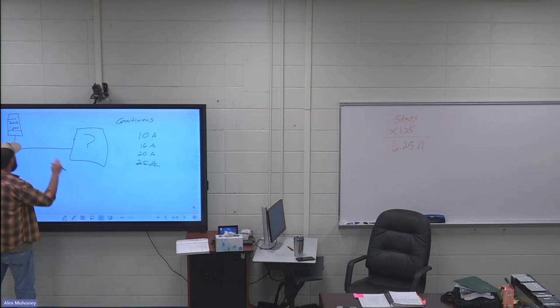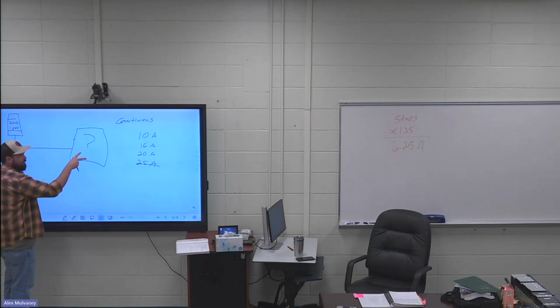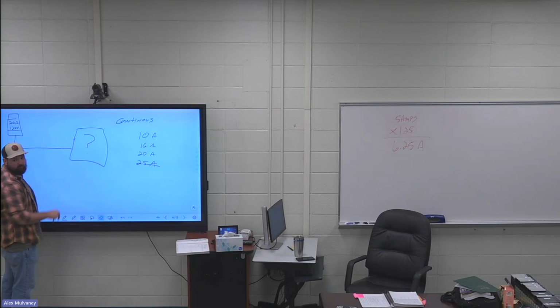I have a breaker or I have a fuse. What's the maximum amount that I can put on that for a continuous load? So now what do I multiply by?